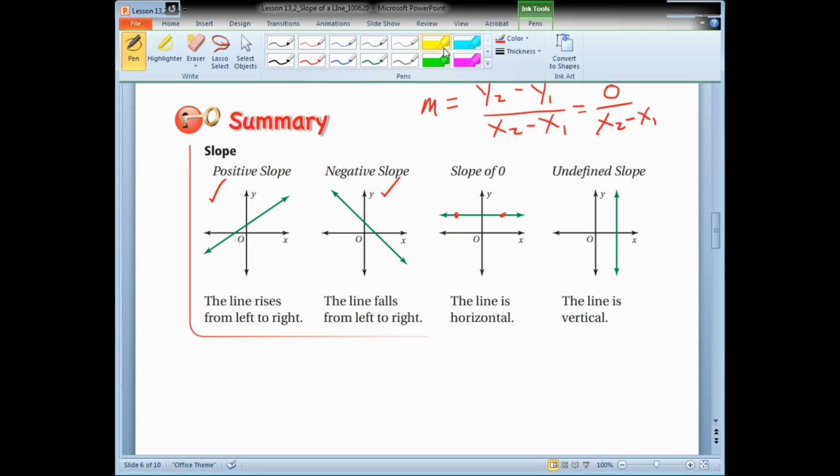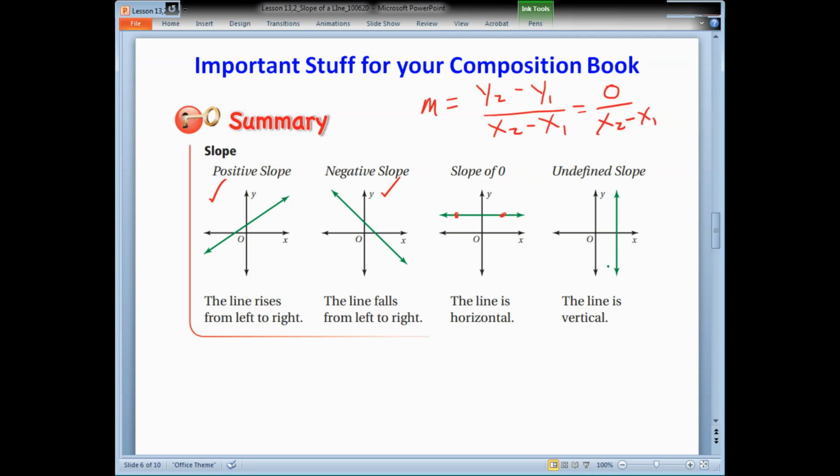When we're talking about undefined slope, if I look at this formula again, y sub 2 minus y sub 1 divided by x sub 2 minus x sub 1, that means that my denominator is 0.